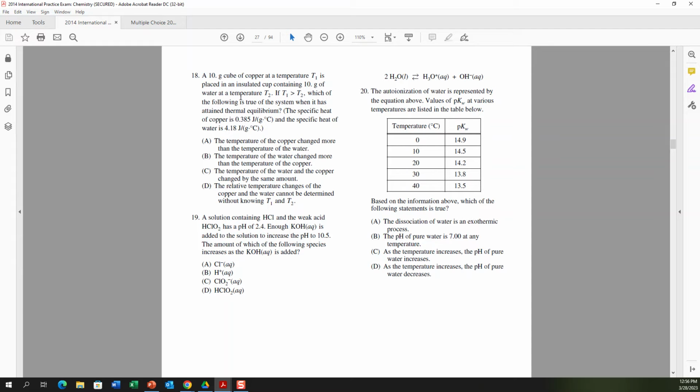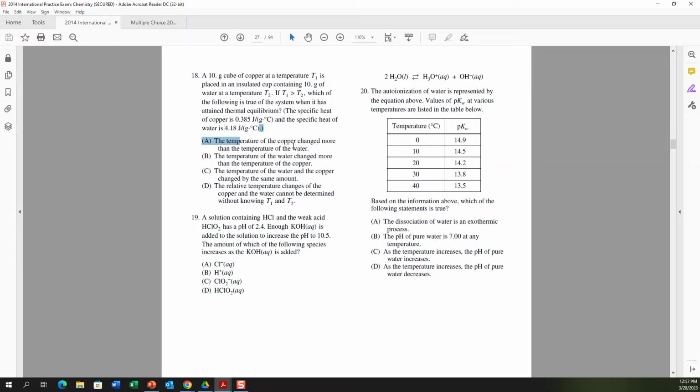We had equal grams of the substances, but notice that the copper has a much lower specific heat capacity compared to water. And you shouldn't be surprised by that. Metals tend to have lower specific heat capacities. So what does that mean? It means, remember, the amount of energy transferred is the same, but the copper is going to change in temperature a lot more than the water because it takes a lot more energy to change the temperature of the water.